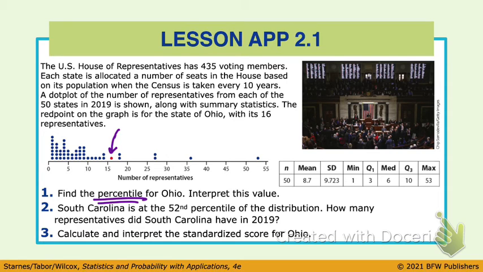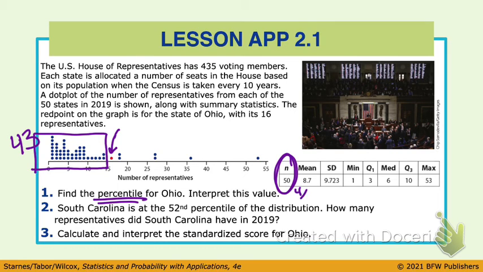So remember, for percentile, what that means is that it's whatever percent is less than that value. So basically, I just need to count up how many numbers are less than Ohio and find out what that is out of the total, which is 50. So if I count these, there are 43 of these dots.